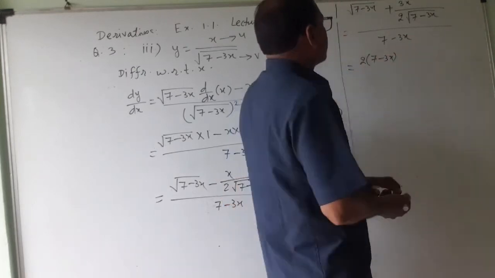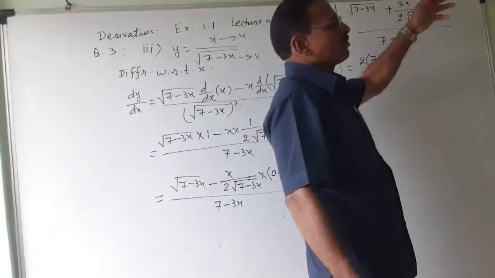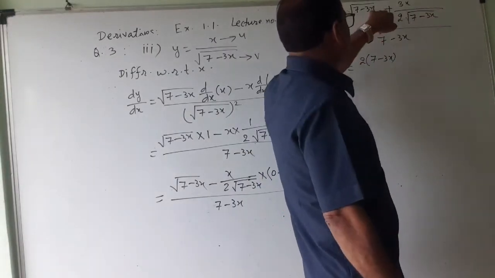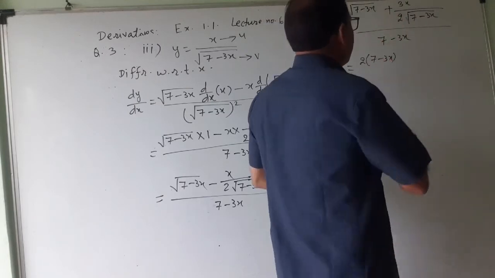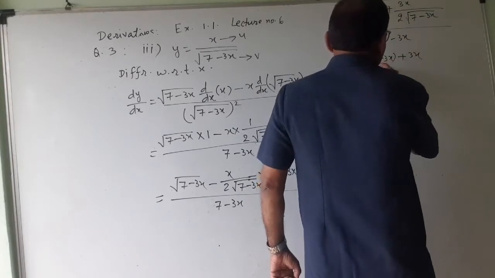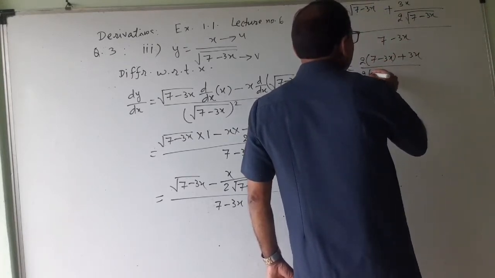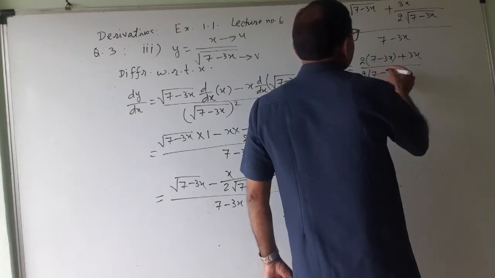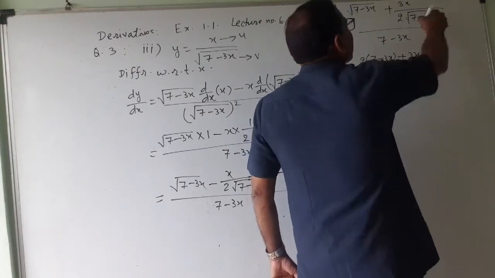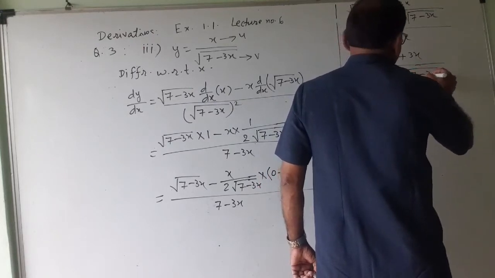Have you understood this? This root into this root means root square, and root square means root goes. So 7 minus 3x, this 2 plus this 3x. This much part will come in the denominator, 2 into 7 minus 3x, this first I am writing, and then this root I will write. Root of 7 minus 3x.